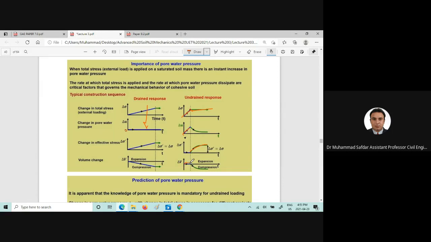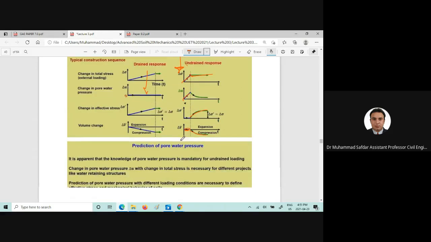Initially there is no change in the volume because this is the undrained condition, but then in compression the volumetric changes would occur. So that's the practical significance of the information about the pore water pressure and how you can relate it to practical field projects.